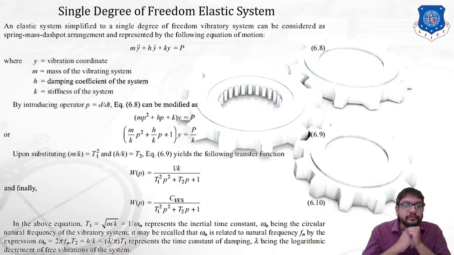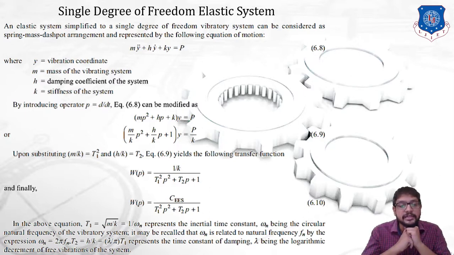And finally we can write this equation as W(p) is equal to C_EES, which means equivalent elastic system. Now what is C? It is the inverse of stiffness, which means it is compliance. So the equivalent elastic system compliance is represented by C_EES upon T1 square p square plus T2 p plus 1.